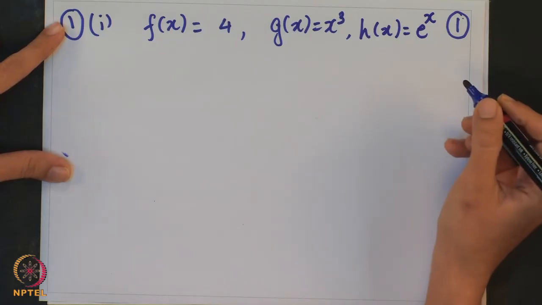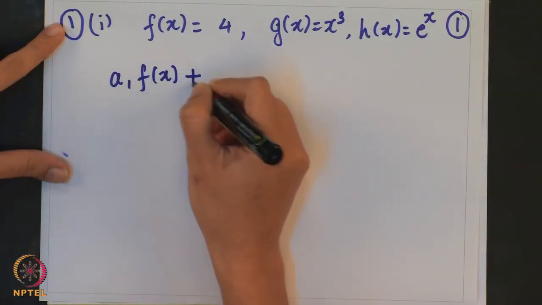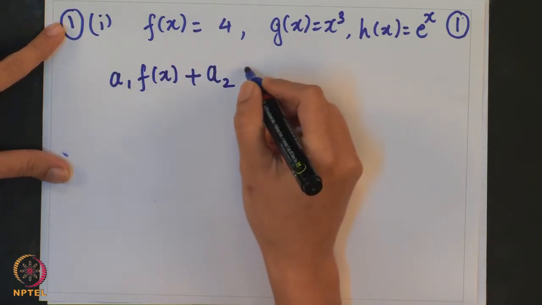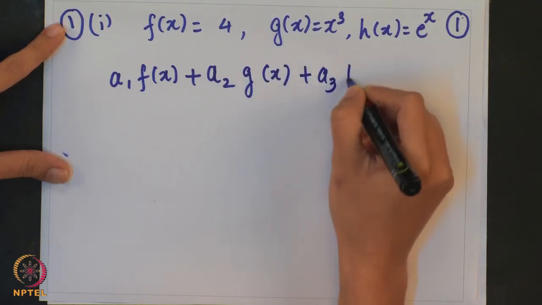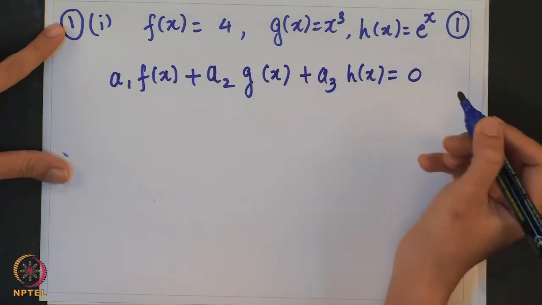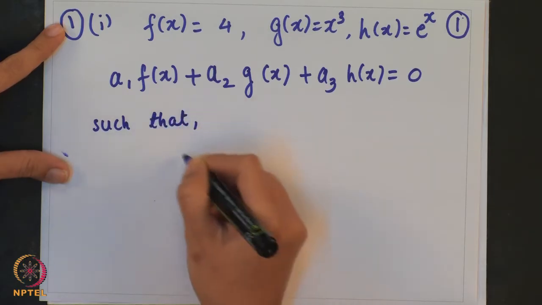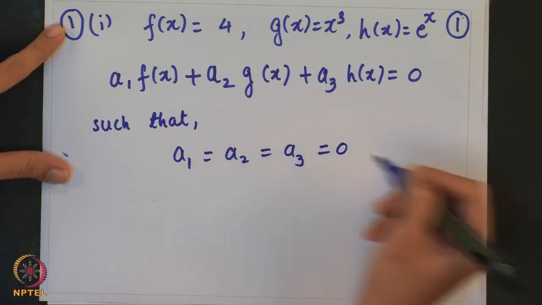In order to find whether the set of functions is linearly independent or linearly dependent, the condition these functions must satisfy is a1 f of x plus a2 g of x plus a3 h of x equal to 0, such that we have a1 equal to a2 equal to a3 equal to 0.